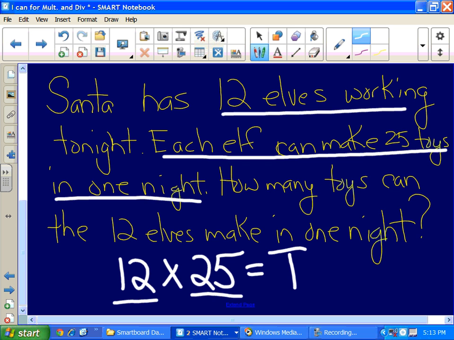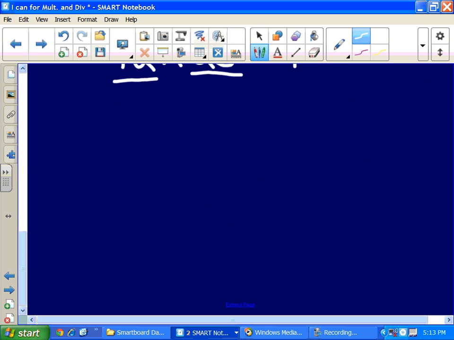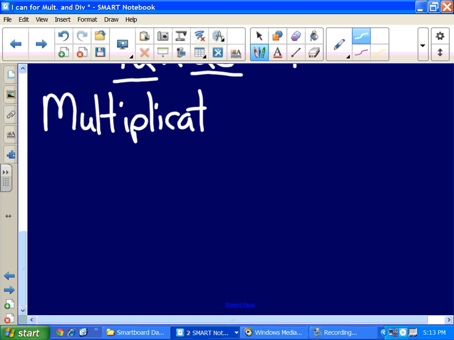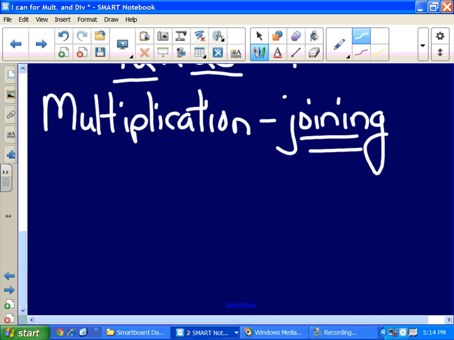If it is multiplication, it is joining the same amounts.